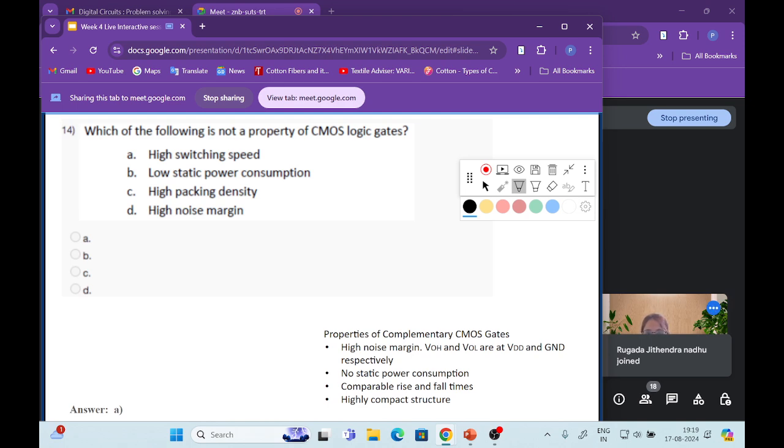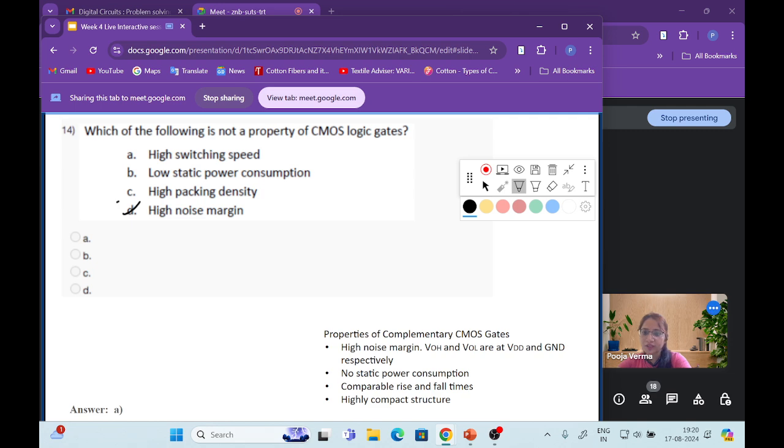If you have gone through the properties of CMOS logic gates, CMOS logic gates have the properties of high noise margin, no static, very little static power, comparable rise and fall times, and highly compact structure. That means high packing density is a property of CMOS.